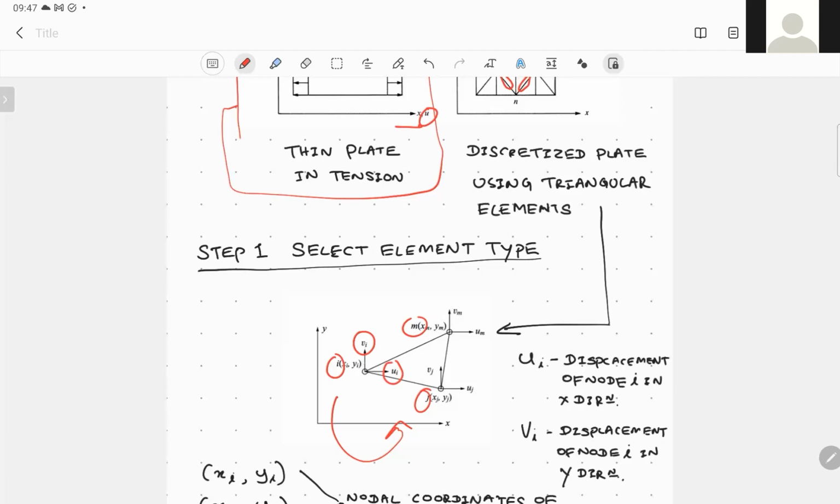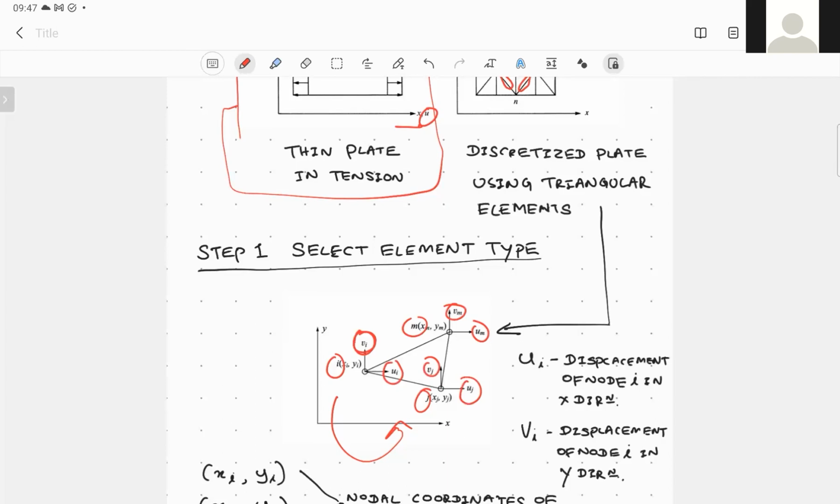The displacement of the ith node in the y direction is vi. Similarly for the other nodes. The subscript defines the node, and u and v define the direction.